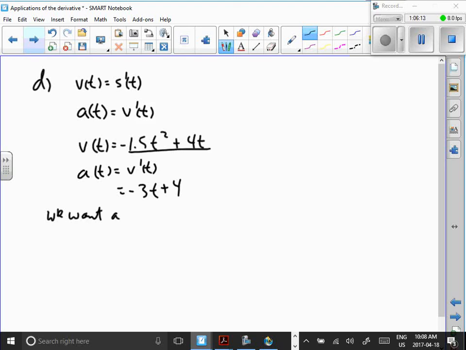A at 1 and A at 4, right? So A at 1 would be equal to negative 3 times 1 plus 4, negative 3 plus 4, it's 1 meter per second squared or whatever. We're never given units, so whatever the units are. Does that make sense?